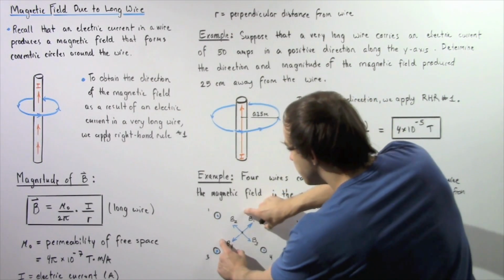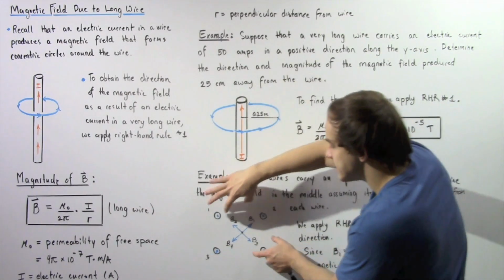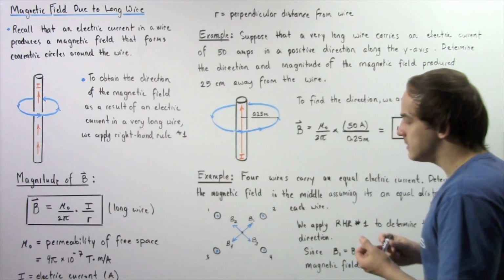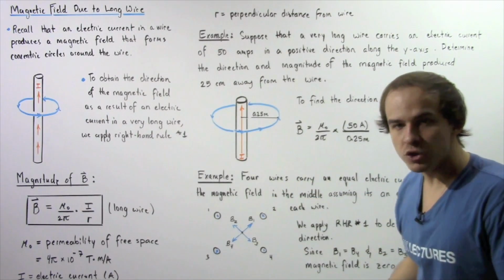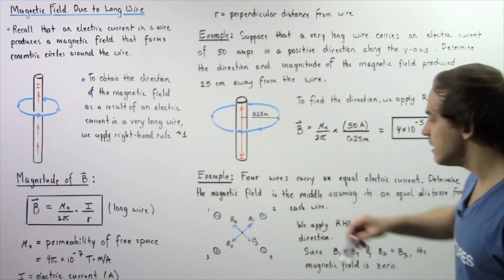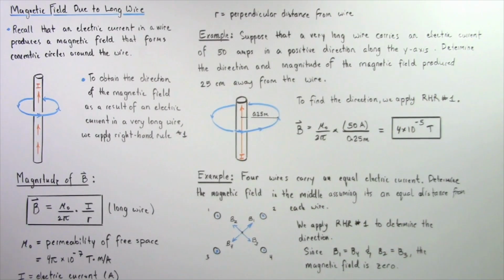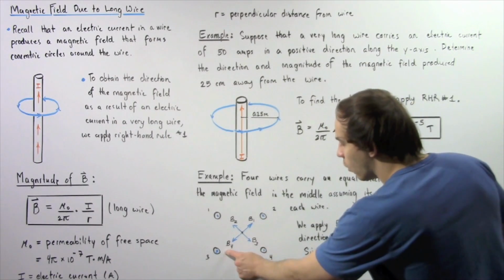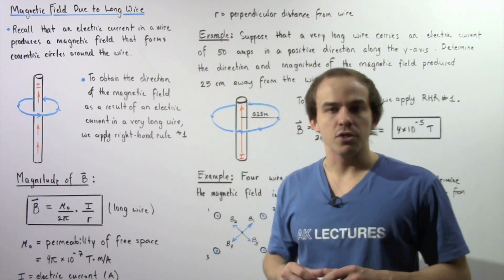So that means these will cancel, and the same exact thing can be said about these 2 magnetic fields. B2 is equal to B3 in magnitude, but they have opposite signs, so that means these will exactly cancel. That implies that the magnetic field will be 0 because all these 4 magnetic fields will cancel one another out.